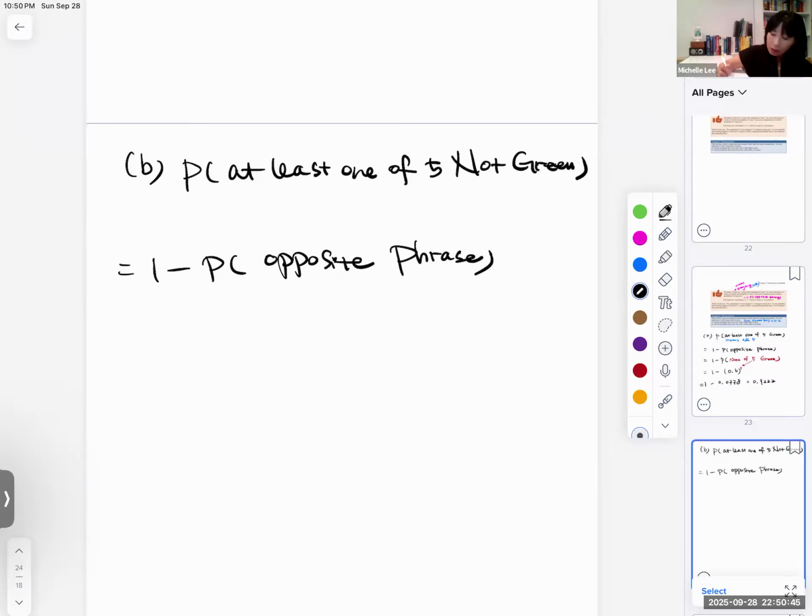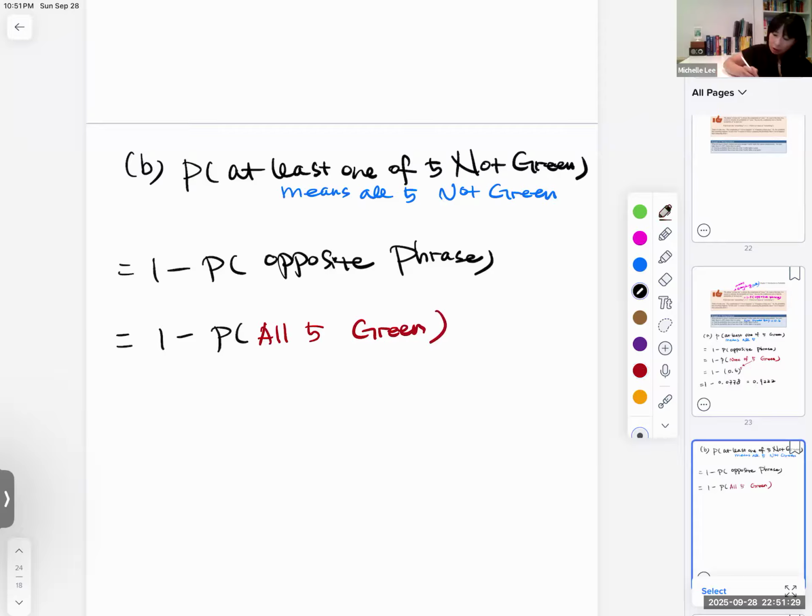At least 1 of 5 means 1 or more until 5 not green, in other words, all 5 not green. How do we make the opposite? All green, good. All 5 are green, so 1 minus the probability of all 5 greens.